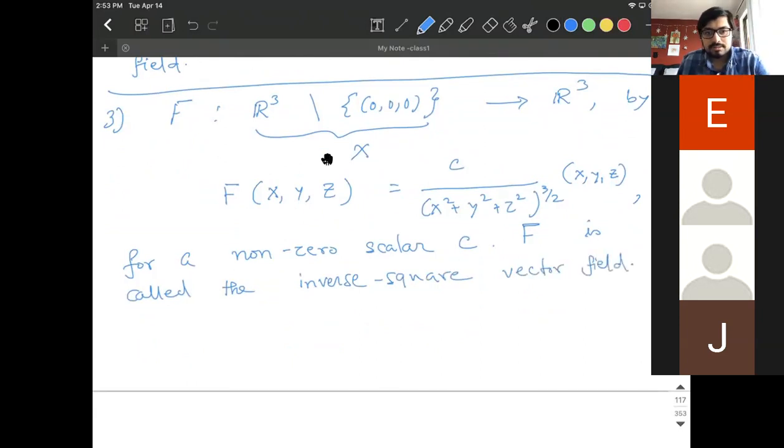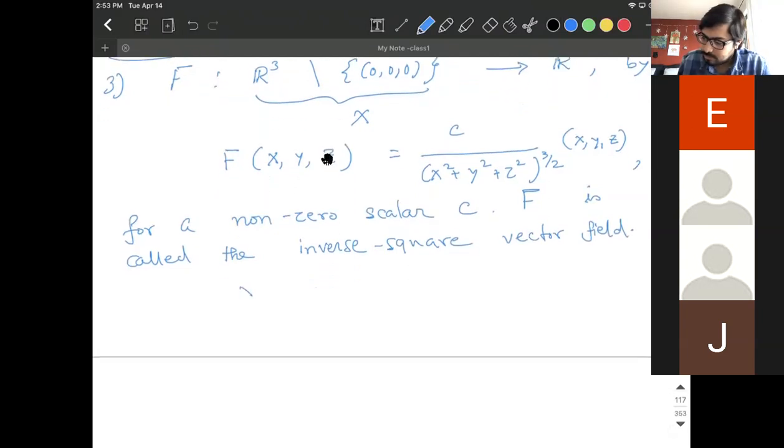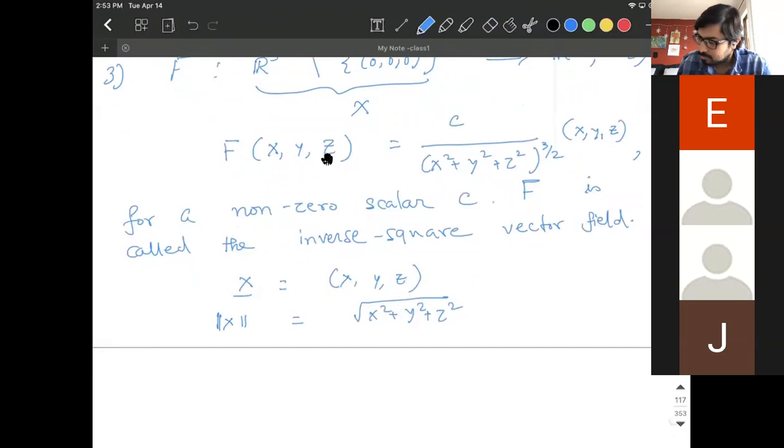for the particular reason, which follows. So let X be this vector, (X, Y, Z). Then, as usual, the norm of X is given by the square root. Okay, so we can rewrite this as (X squared plus Y squared plus Z squared) to the half.